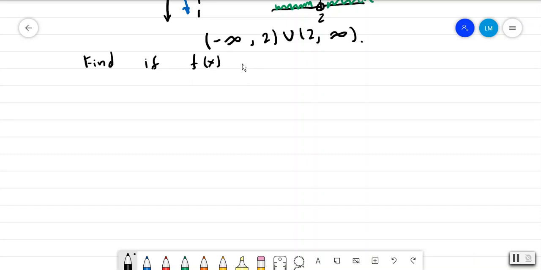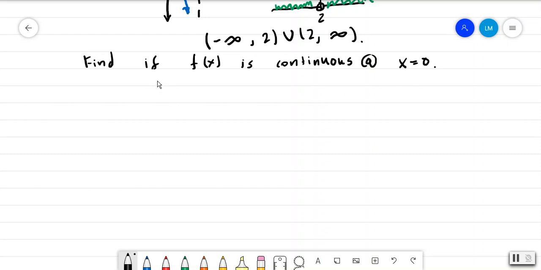So, find if f of x is continuous. We'll just say that it's continuous at x equals 0. Okay, so we want to know if it's continuous at x equals 0.